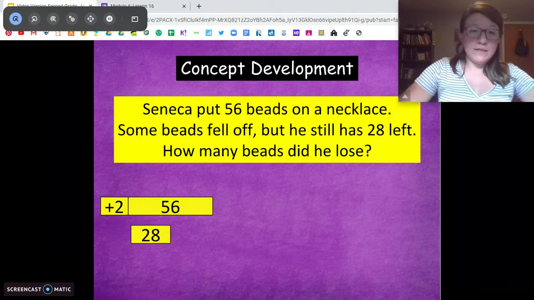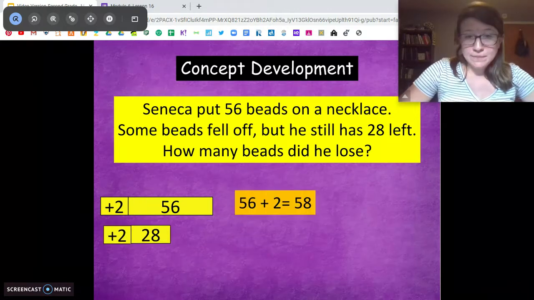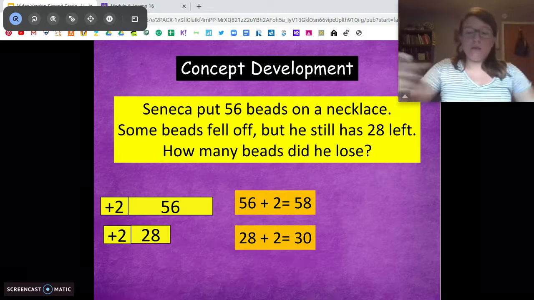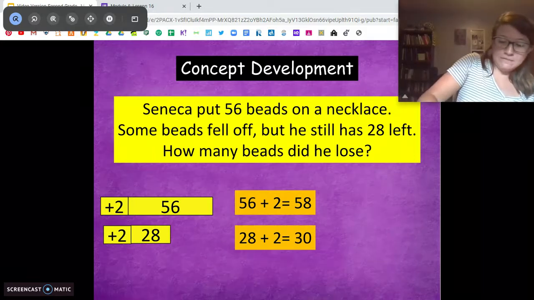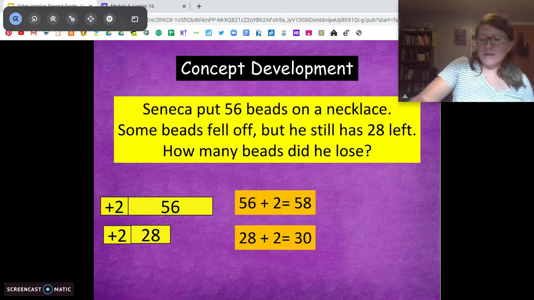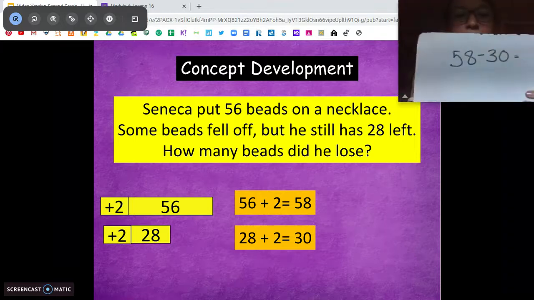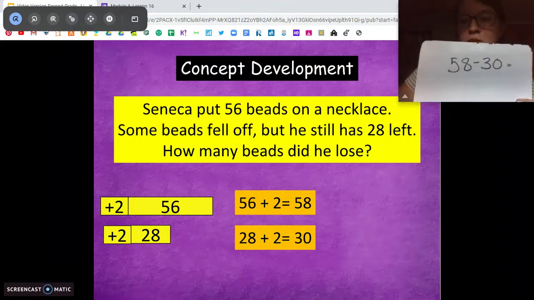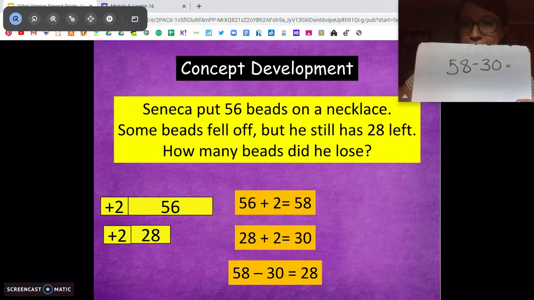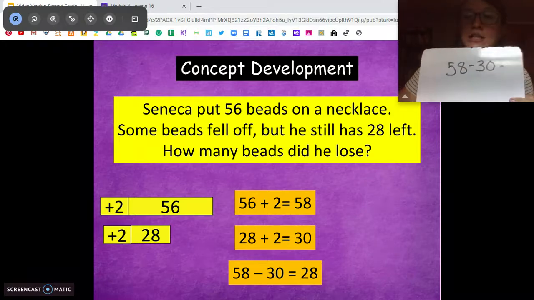So I'm going to add 2 to 56 and add 2 to 28. When we do that, we get 58 minus 30. So 58 minus 30 is a lot easier to solve than 56 minus 28, right? Solve that, and we get 28. Just a different strategy of making tens.